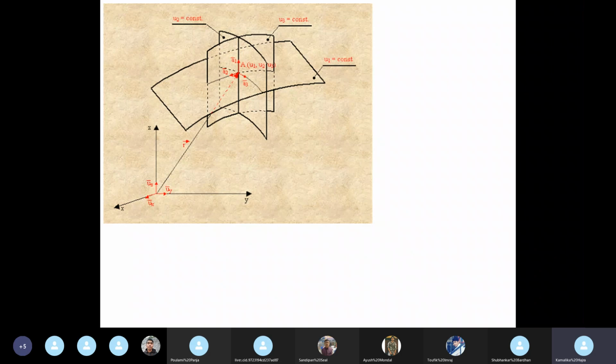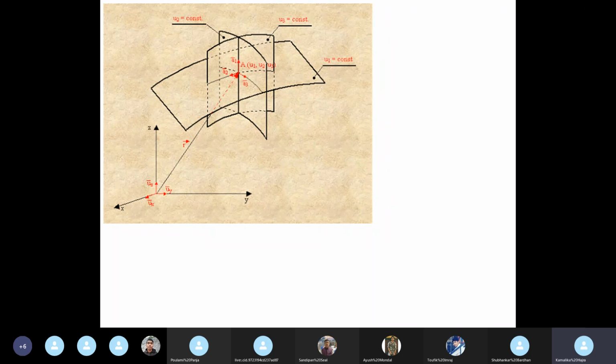So this is one surface, as has been pointed out, u1 equal to constant. Now I hope all of you understand that the equation of a surface can be expressed as some function equal to a constant, right? That we have discussed before. For example, for a plane, we can write ax plus by plus cz equal to constant.